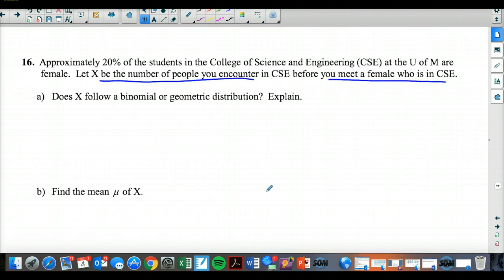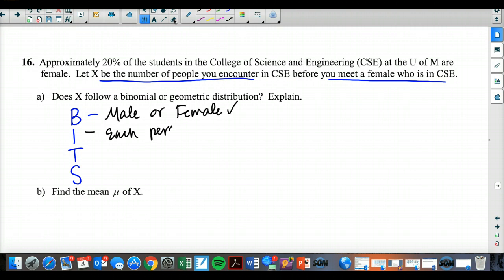This is geometric. So you have to show me that it's geometric, and if you'll remember, it is BITS, B-I-T-S. So it's binary because it's either a male or female. I, each person is independent.